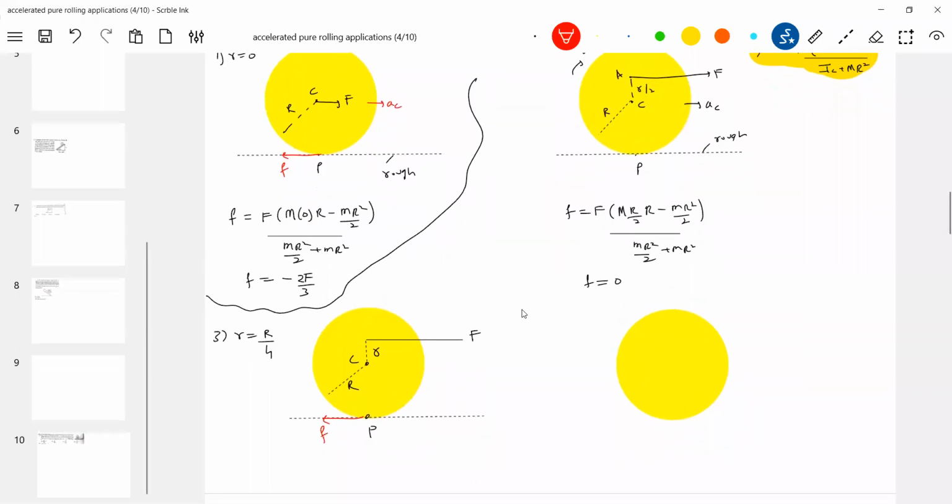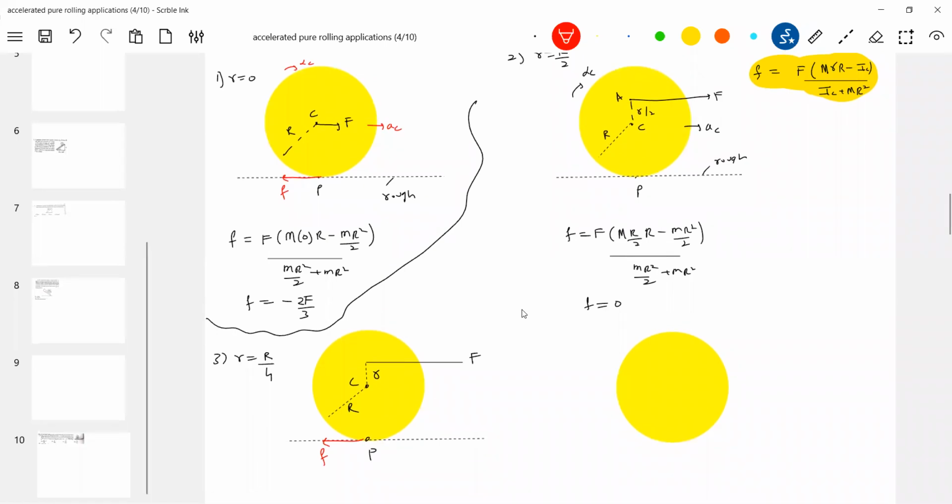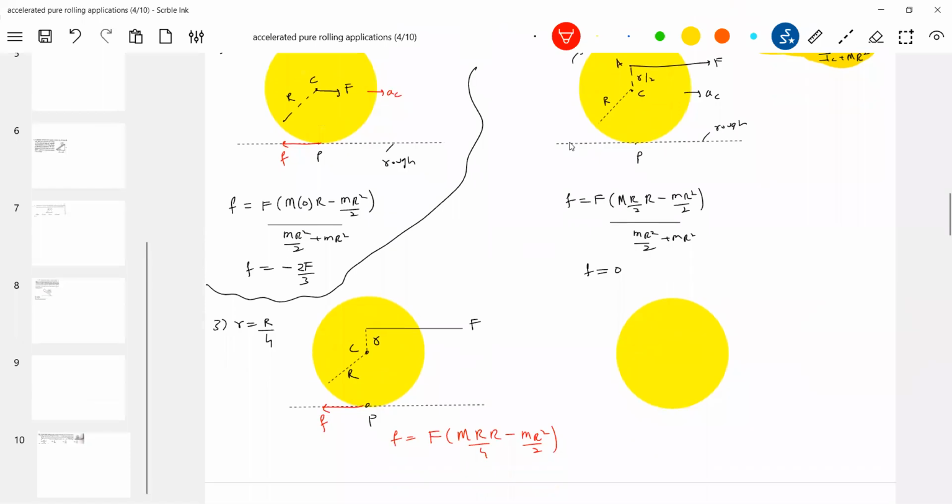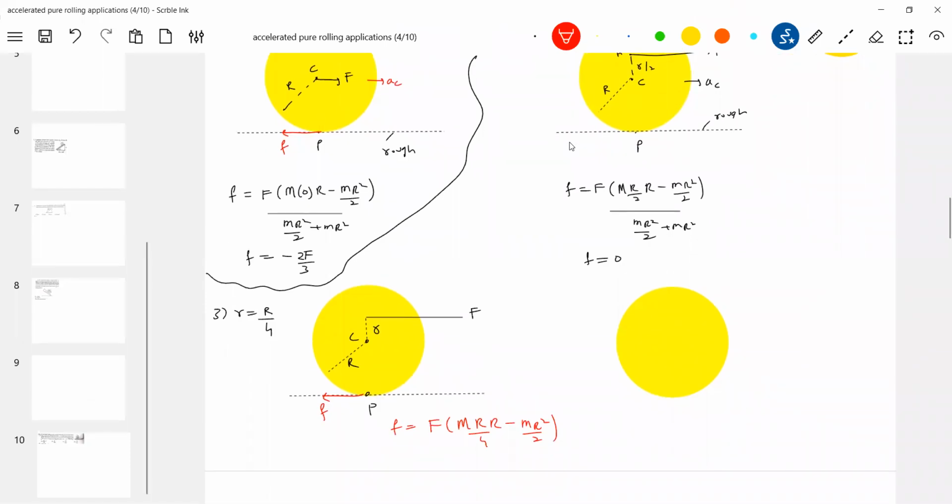So if I substitute all that formula, small f is equal to F into m r by 4 over m r square by 2. Anybody answer?